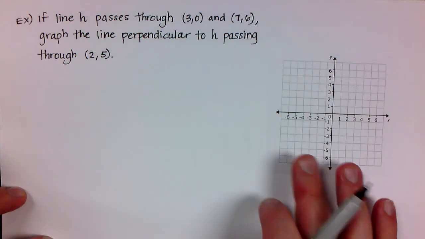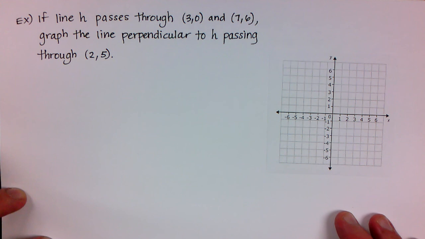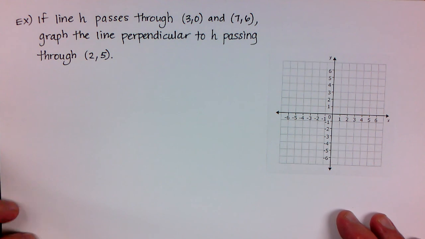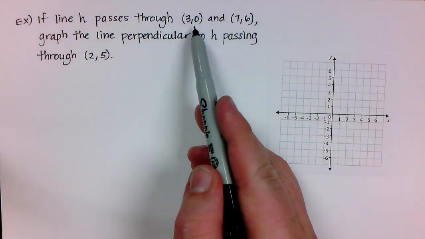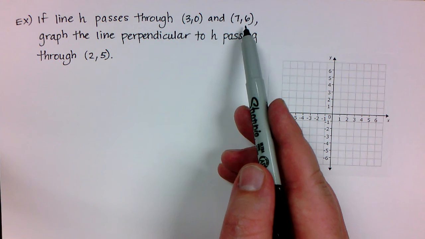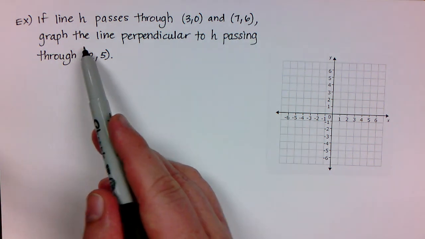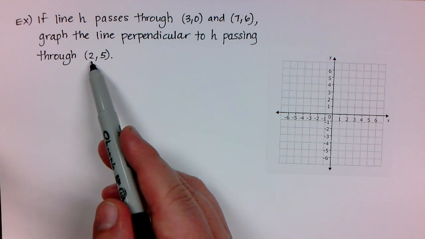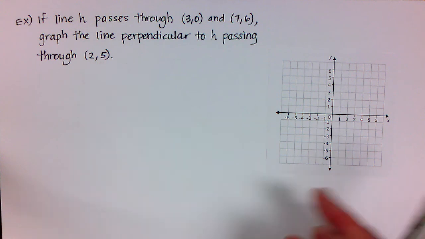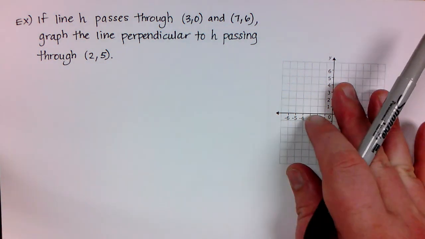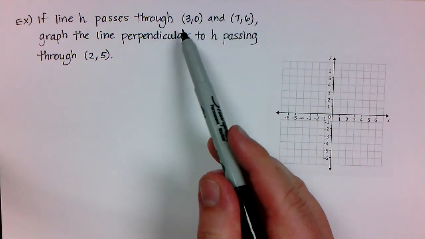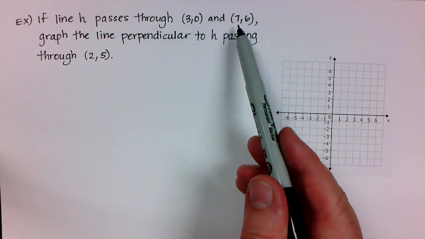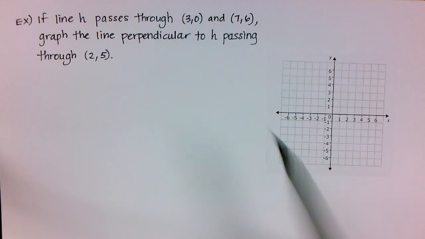One more example for you and then we're done. This time, if line H passes through 3, 0 and 7, 6, I want you to graph the line perpendicular to H that passes through this new point, 2, 5. So if you were going to do this on your own, I would first recommend that you plot those first 2 points and draw line H through them.